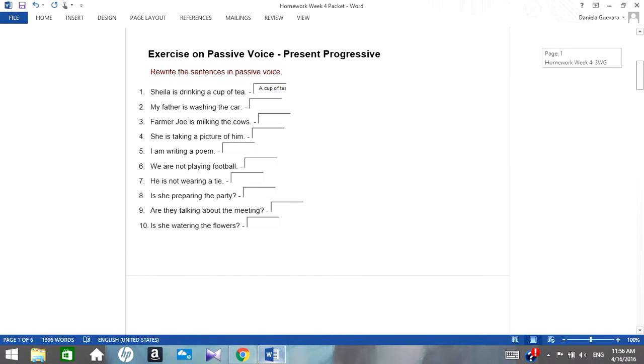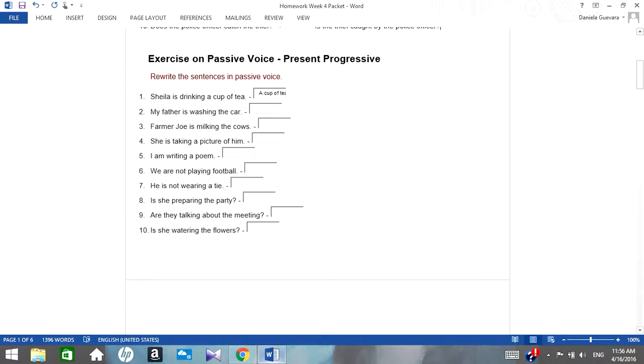Now for the present progressive, it's similar to the present simple, but let's do a couple. Sheila is drinking a cup of tea. So a cup of tea is my object. A cup of tea is being drunk by Sheila.